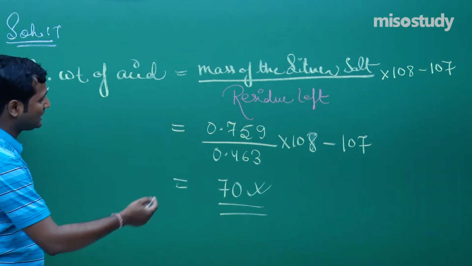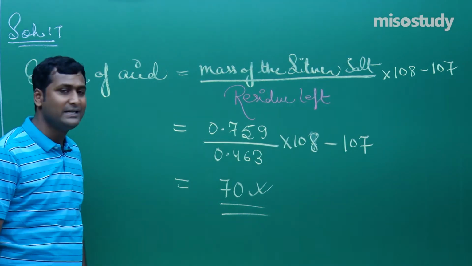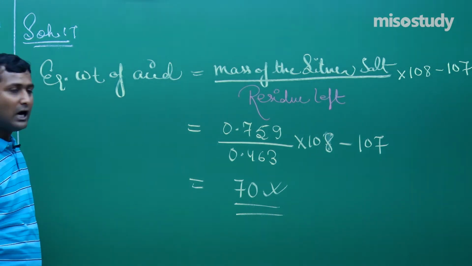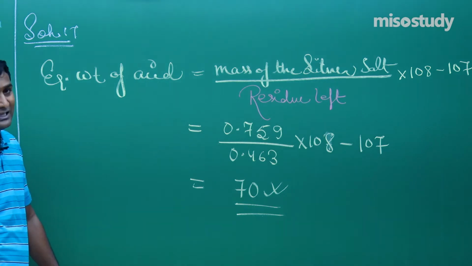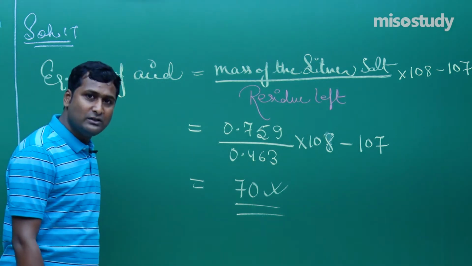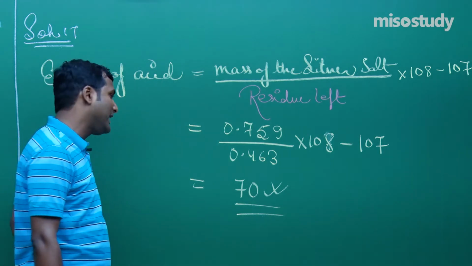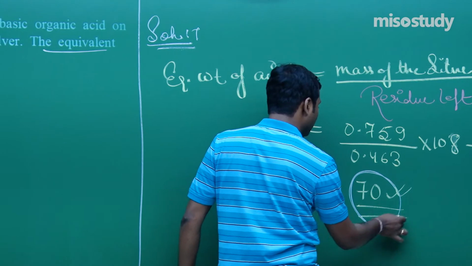Check out the explanation. Equivalent weight of an acid is equal to mass of the silver salt upon residue left multiplied by 108, because silver, minus 107. Put in the values and we finally get 70 after calculation.